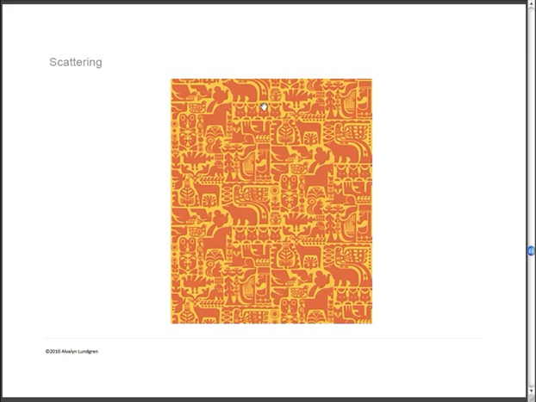Same thing here. This is flat space. We have a figure ground, but it's basically flat. And because things are scattered across the surface, it's an overall pattern. The pattern fills the entire surface, and to the same degree in the corner here as it does down here. And in fact, we can see that this is a repeat pattern.